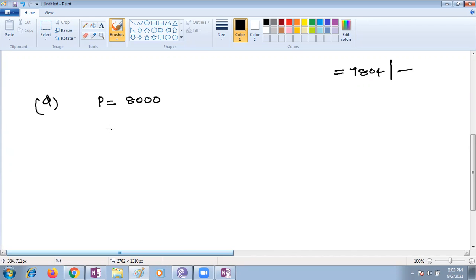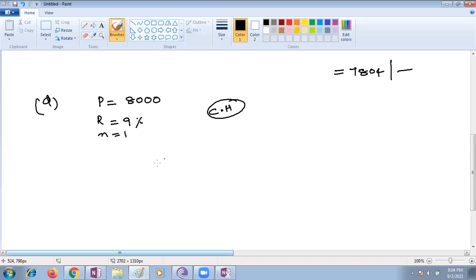N is equal to 1 year. Rate of interest R is given as 9%. And the compounding keyword is half yearly.